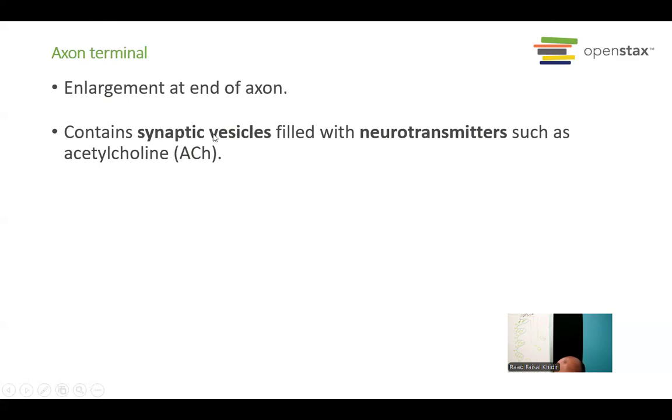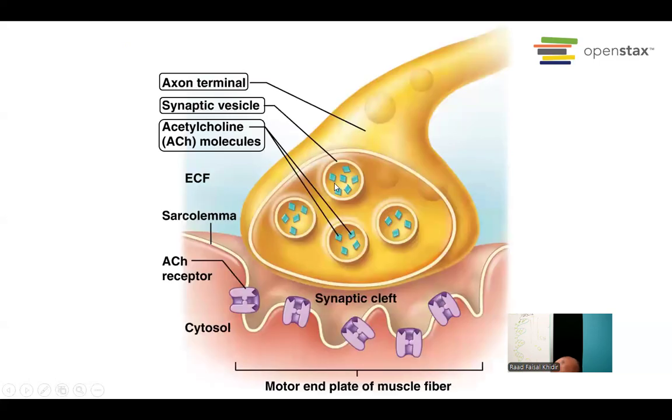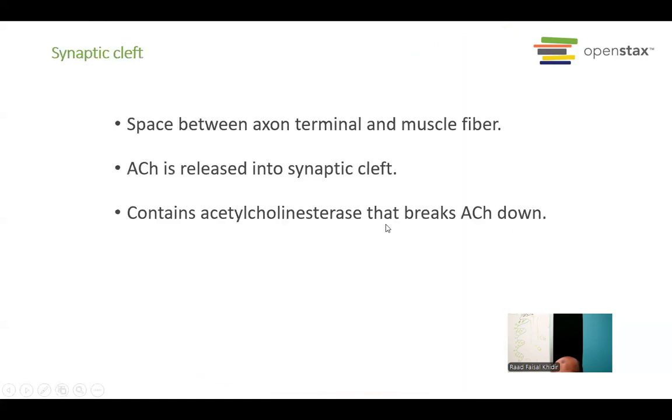It contains synaptic vesicles filled with neurotransmitters such as acetylcholine. So you see, this is the axon terminal, these are the synaptic vesicles, and this is acetylcholine.